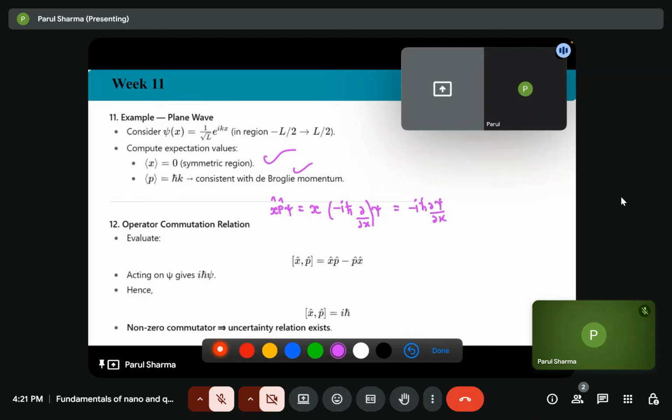Similarly, px psi equals minus iota h cross dou by dou x of x psi.